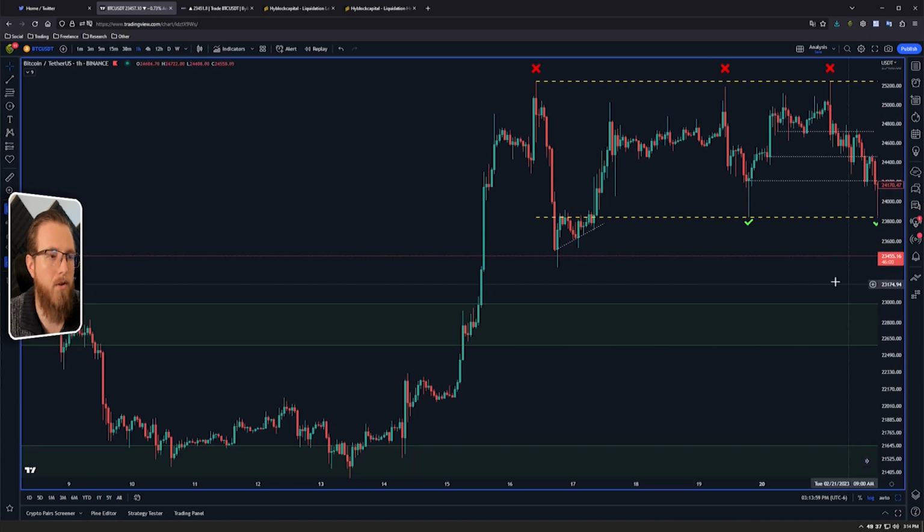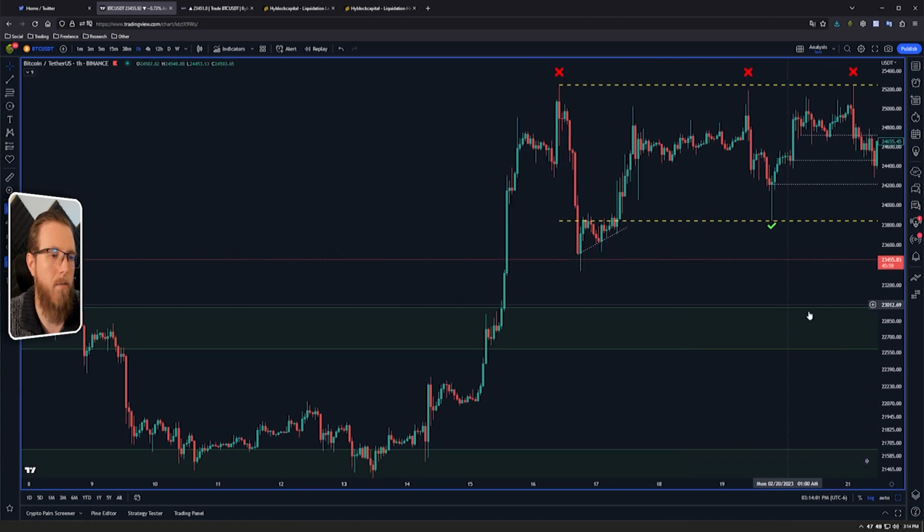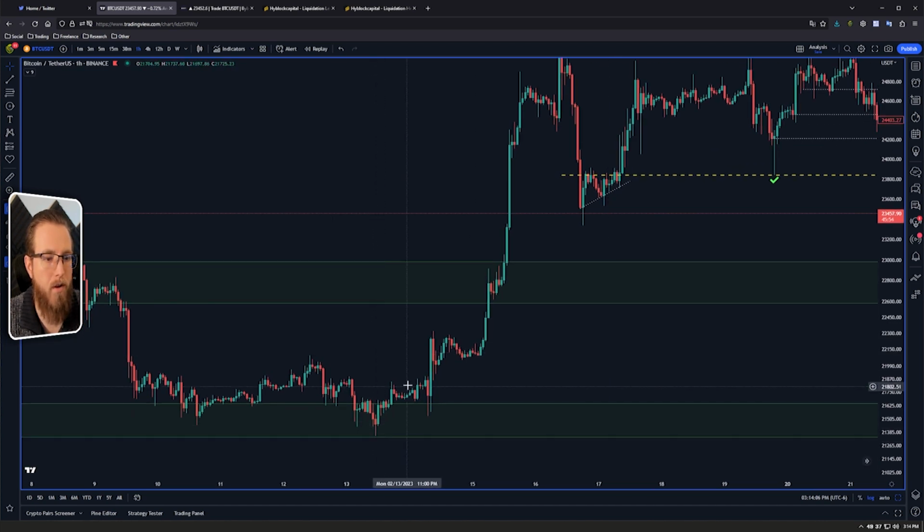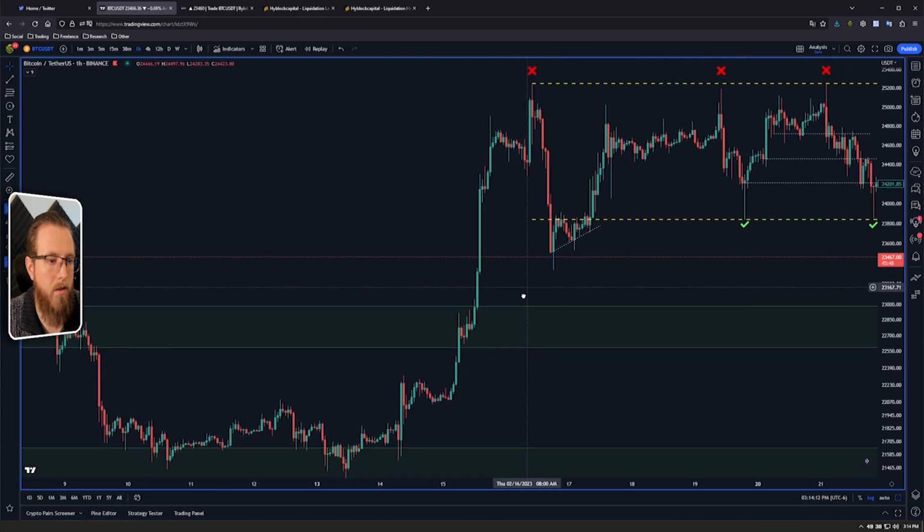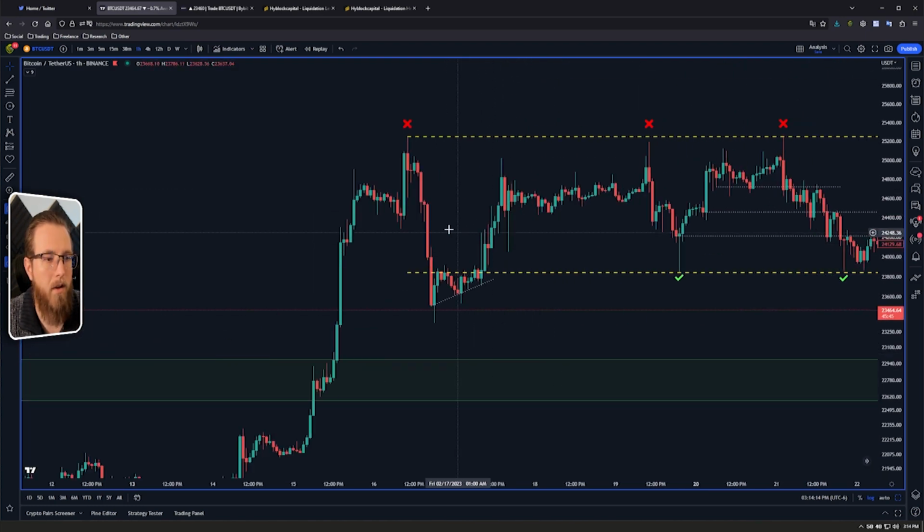So our first signal that the trend might be changing was this drop. Okay, so all through here, we had a higher high, we had a higher low. Okay, we had another higher high and a consolidation for a higher low. Then we had another higher high up here and another higher low, another higher high, and then we got a lower low.